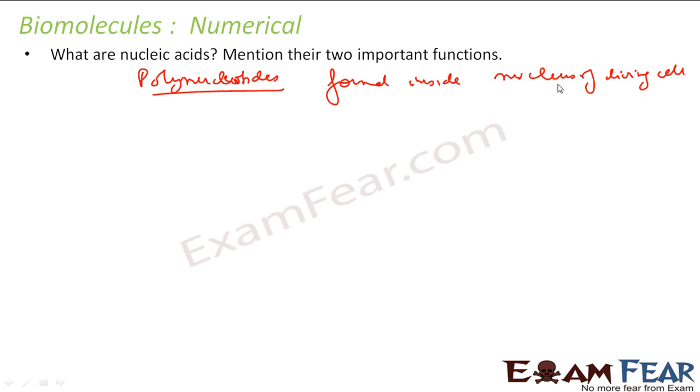Correct? And there are two types. One is DNA, one is RNA. And they have different functions. DNA is used to store the information, and RNA is to pass the information and to create proteins by helping ribosomes.